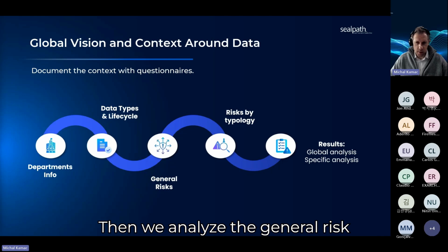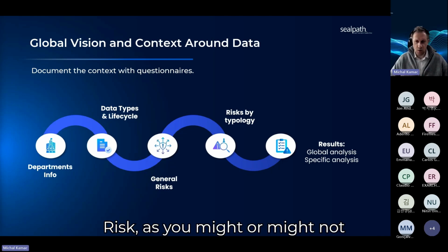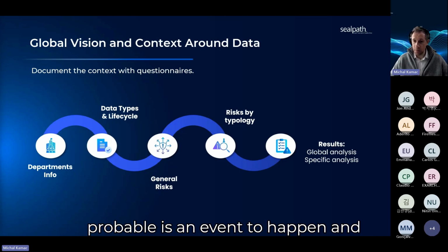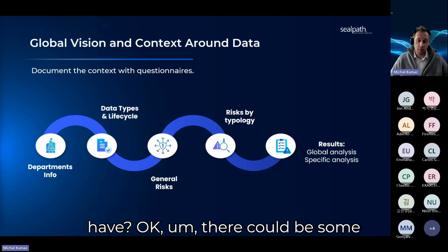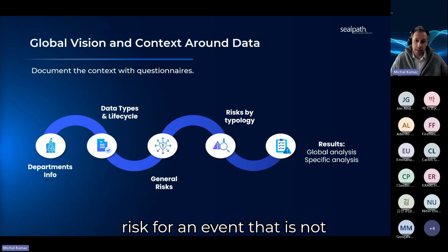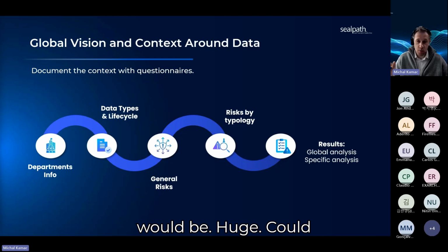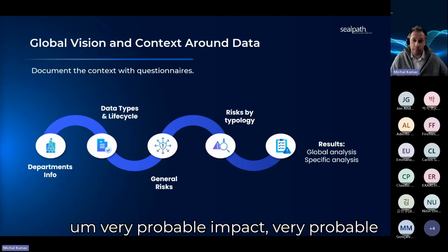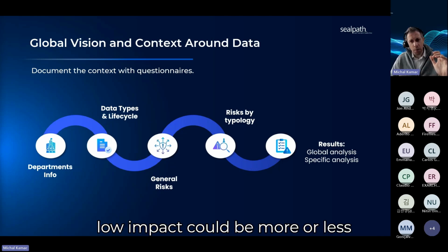Then we analyze the general risk. Risk, as you might or might not know, is probability times impact. So how probable is an event to happen, and how big of an impact would it have? Okay. A risk for an event that is not very probable to happen, but whose impact would be huge, could be the same as, for example, a very probable event with a very low impact.